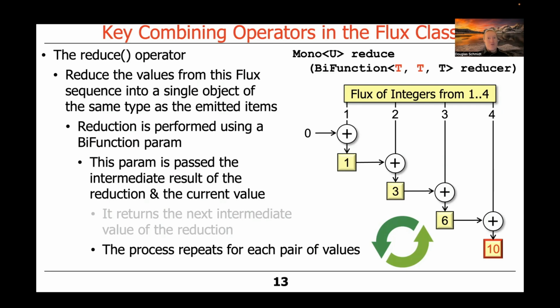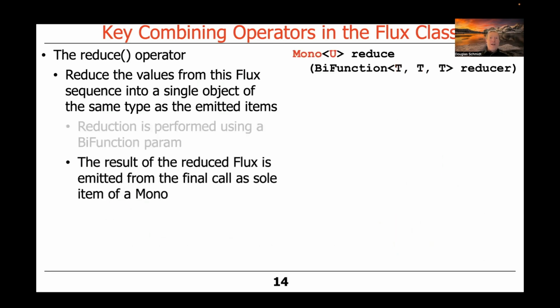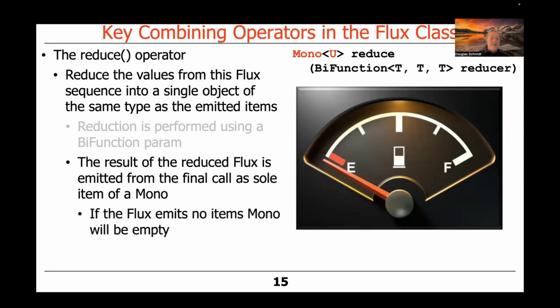update the running result. The result of all this is a reduced flux, and it's emitted from the final call to that bifunction process as the sole item of a mono. So we end up reducing things into a mono, which of course is, as you may recall from earlier discussions, a single value.